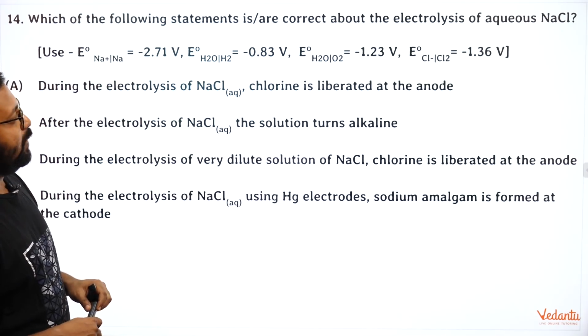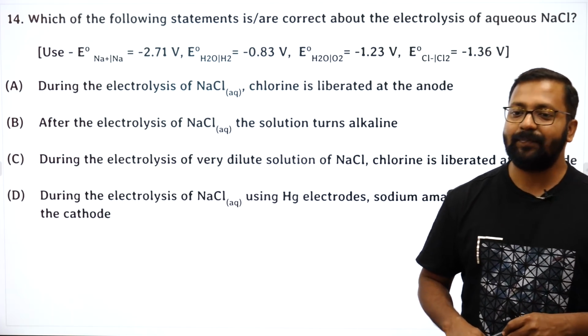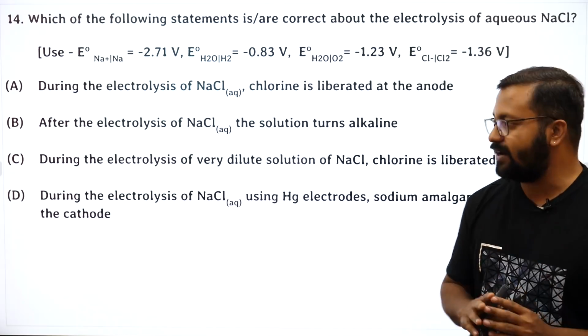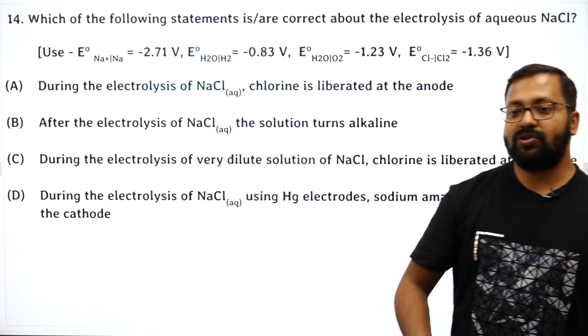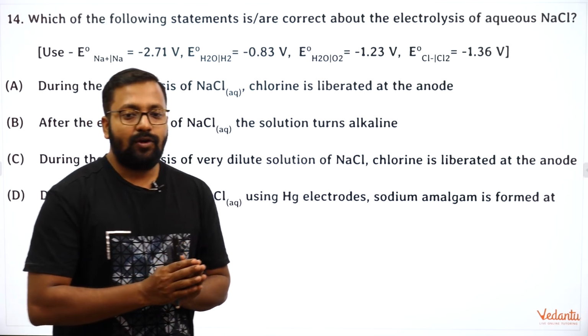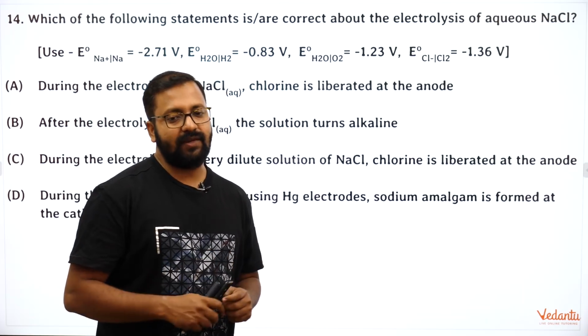Which of the following statements is or are correct about the electrolysis of aqueous NaCl? This is a slightly advanced question, but I will help you understand it. In the process of electrolysis, there are always some competing ions to get deposited or discharged at the respective electrodes.